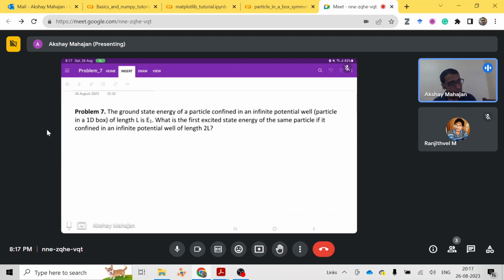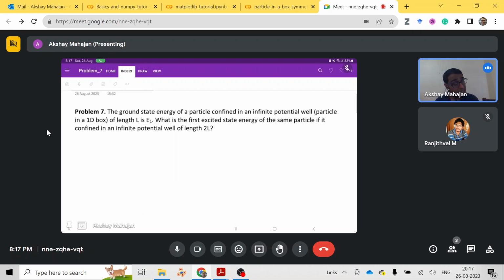Okay, problem number 7: the ground state energy of a particle confined in an infinite potential well, again the particle in a 1D box of length L, is E1. So for the potential well where the length, or you can say the width of the well, is L, the ground state energy is E1.